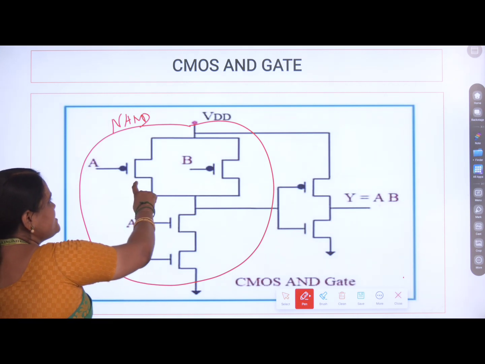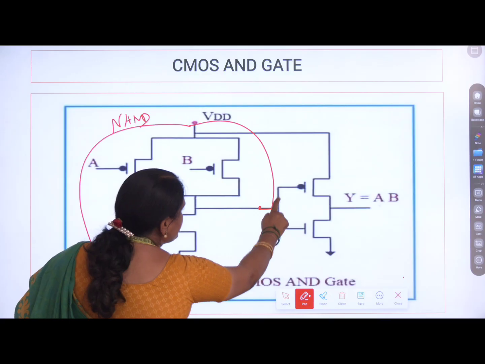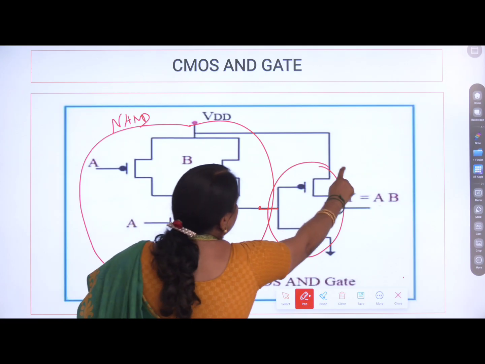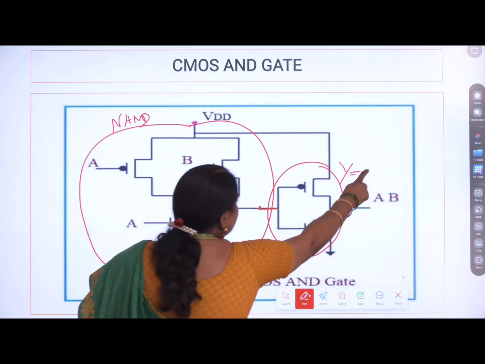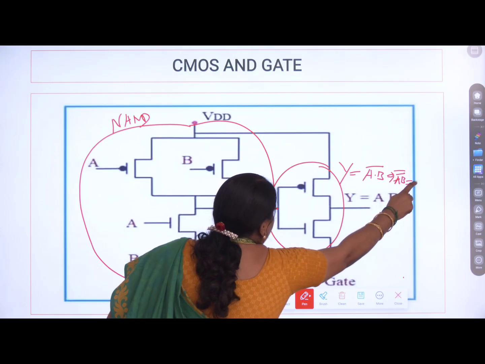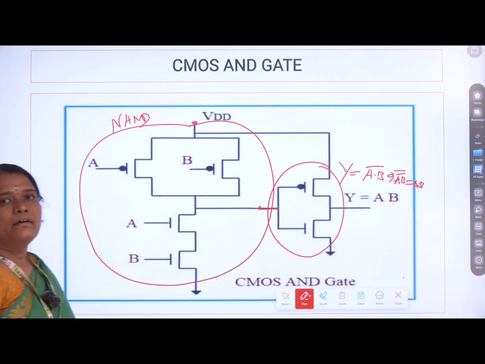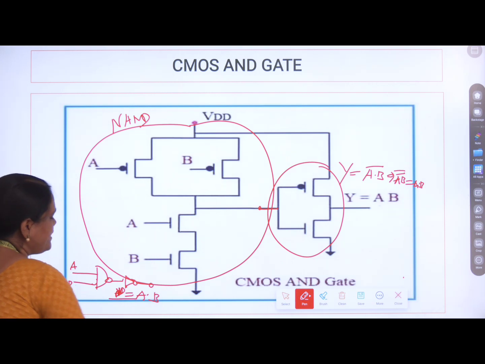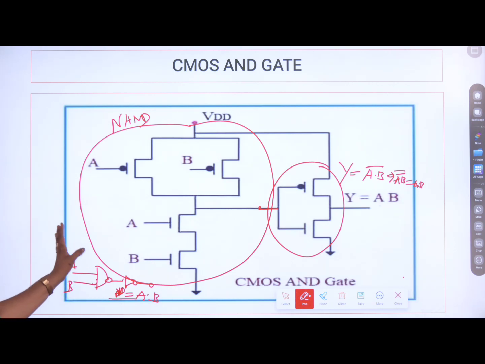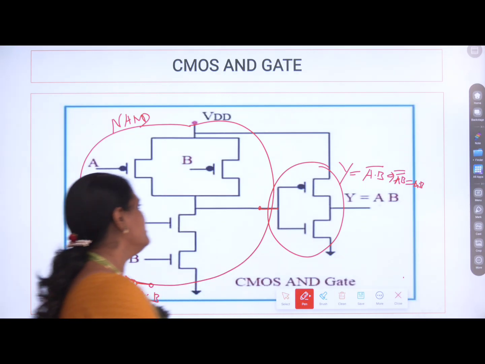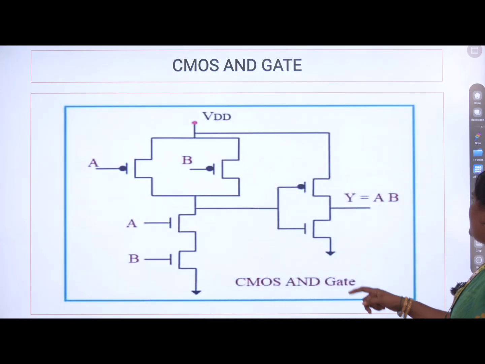Now this NAND structure output is connected to one NOT gate structure to convert the output from A dot B the whole complement into A dot B. The NOT gate at the output of the NAND gate will result in AND gate operation, nothing but A dot B. So in this way, for designing OR gate, we need to connect an inverter across the output of your NOR gate. We will discuss it in the next slide.